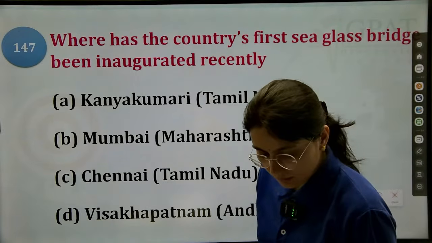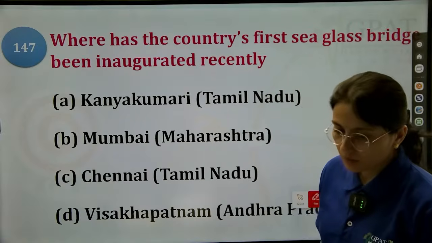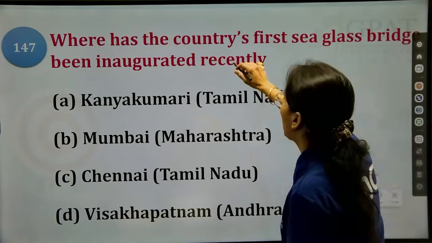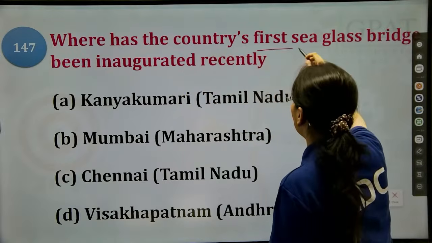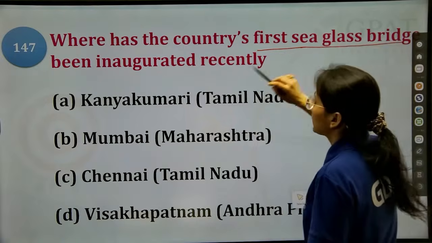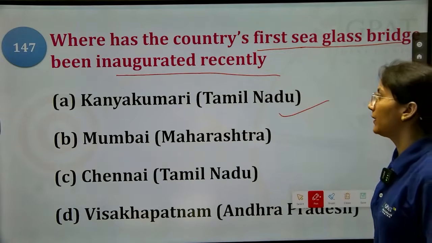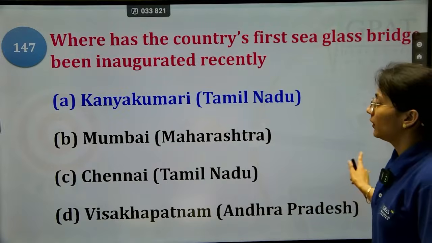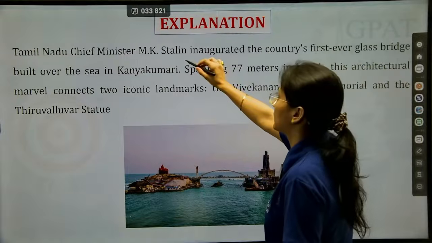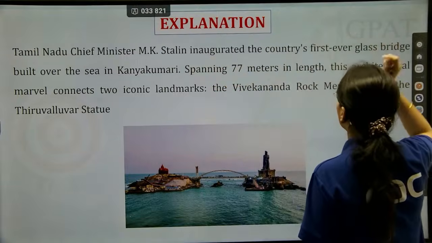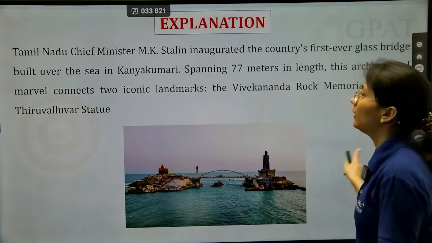The answer is A, Kanyakumari, Tamil Nadu. Chief Minister MK Stalin inaugurated the country's first ever glass bridge built over the sea in Kanyakumari.